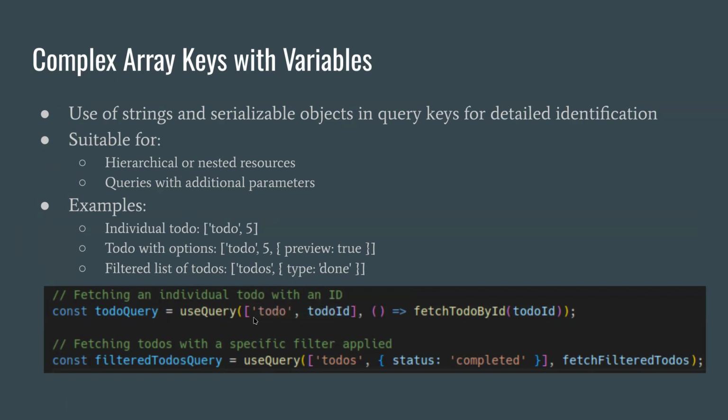You could set up your query key so that you initially say it's to-do, and then you'll provide an ID such as 4, 5, and this ID will be passed on to the query function, fetch to-do by ID, to fetch the specific to-do. And then you can also fetch to-dos with specific filters applied. You can set status completed.